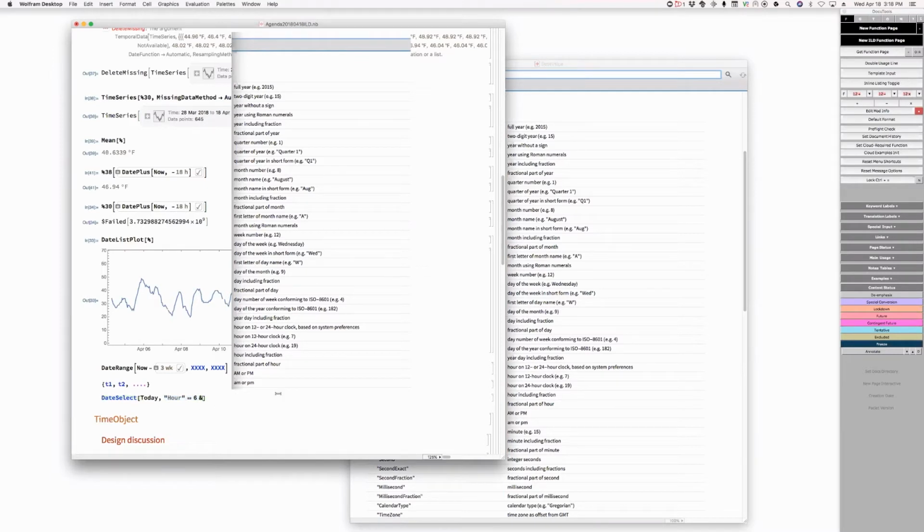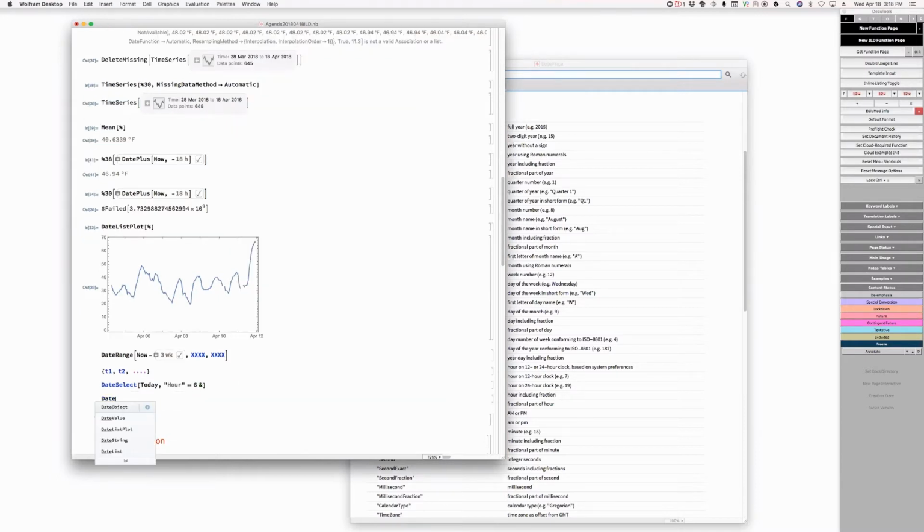Because, so this date select thing has, so date range goes from start to stop with a certain step. And what granularity does it return?